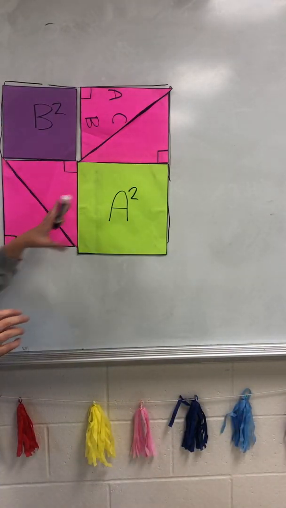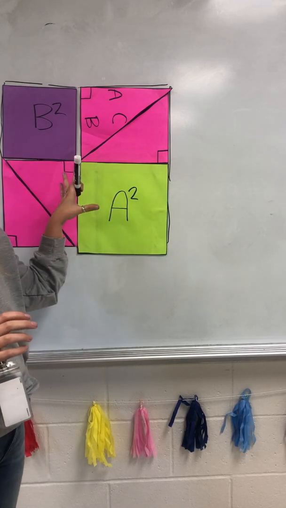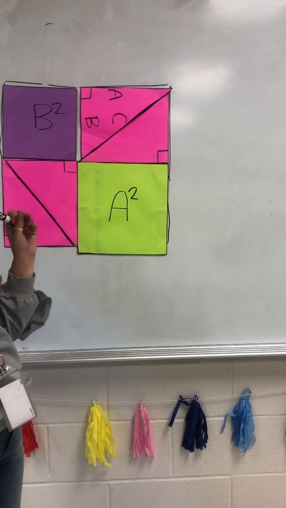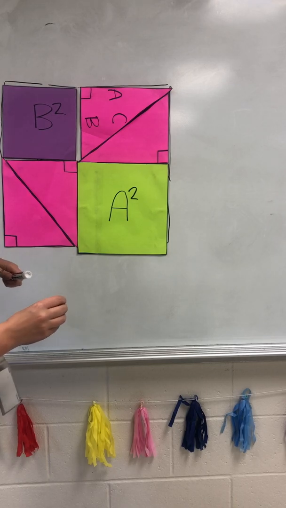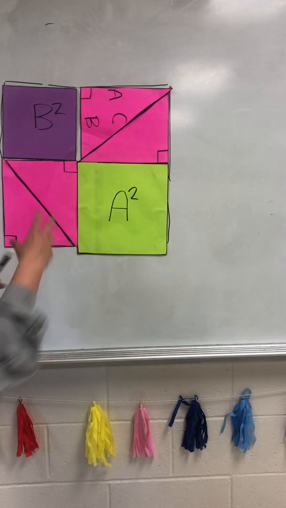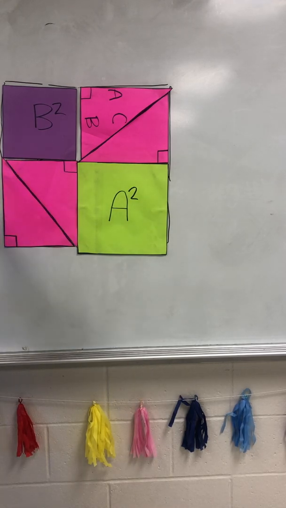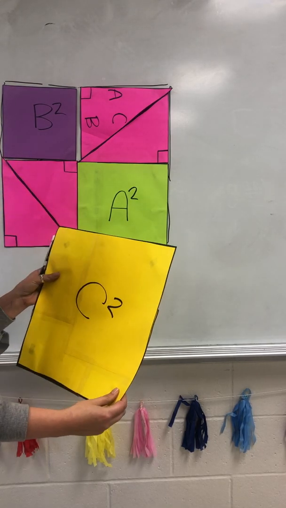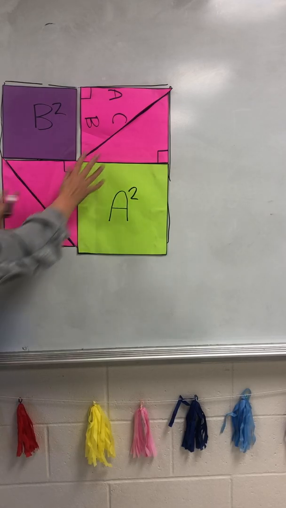So now we have A squared and B squared. What we could do, since we stayed within the same area, we could say that A squared and B squared put together is the same thing as C squared. It's the same thing. So now what I'm going to do, I'm going to take our triangles away.